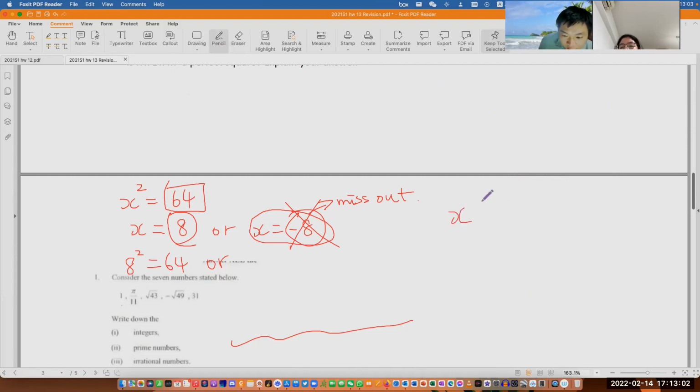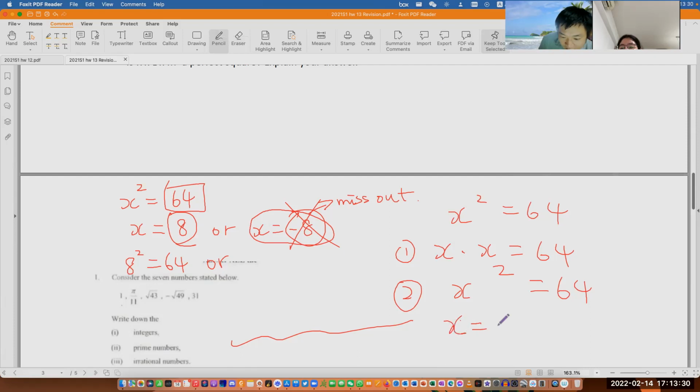So x squared equals to 64. If you write it out, it should be x times x equals to 64. That's one way to write this. The other way to write it out is you have your x and then you square it, then it goes to 64. So let's say if your x in this case is negative 8.